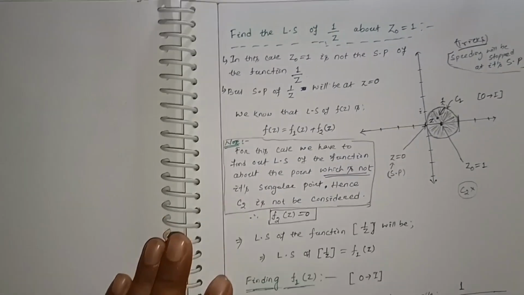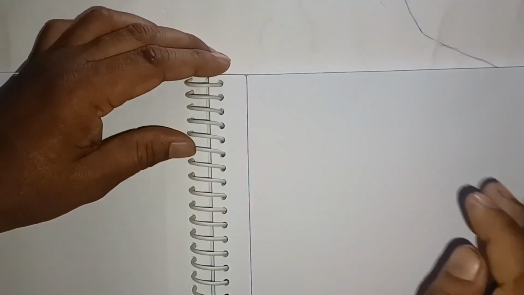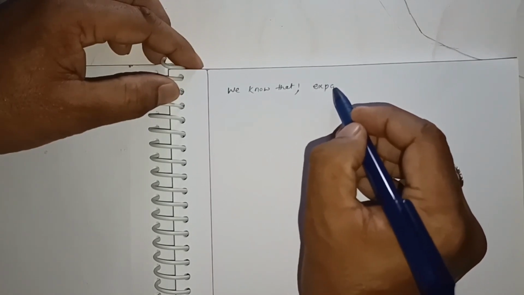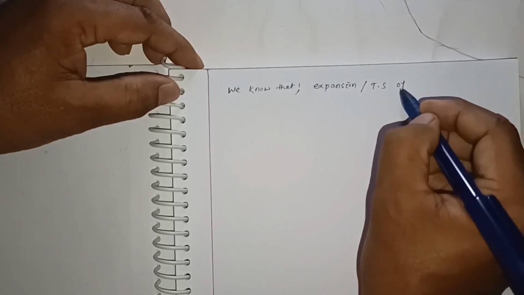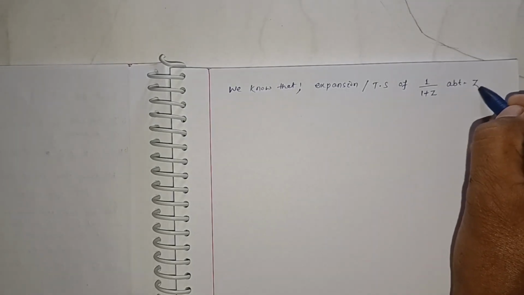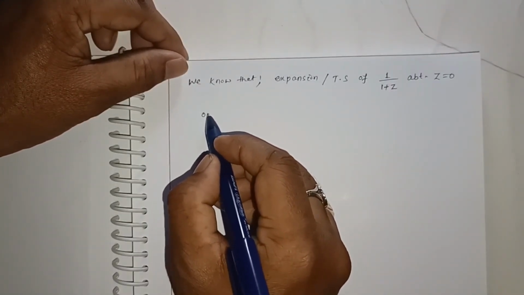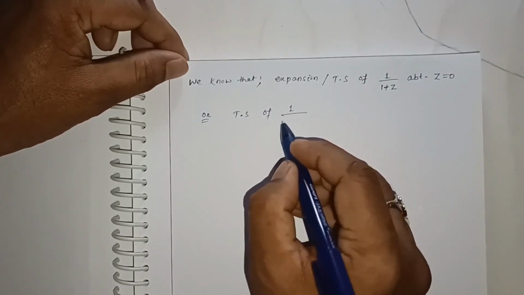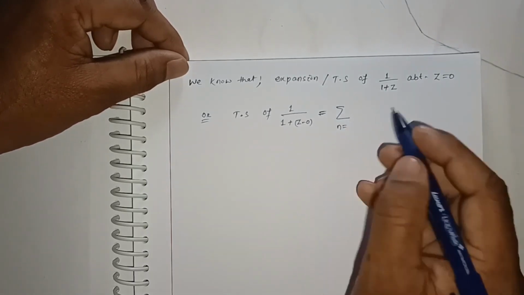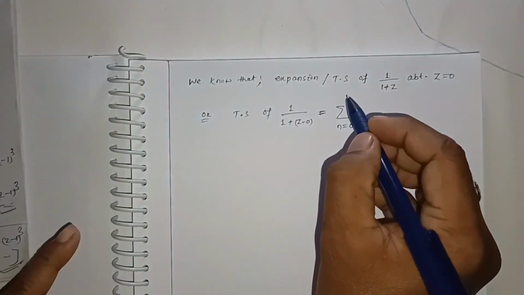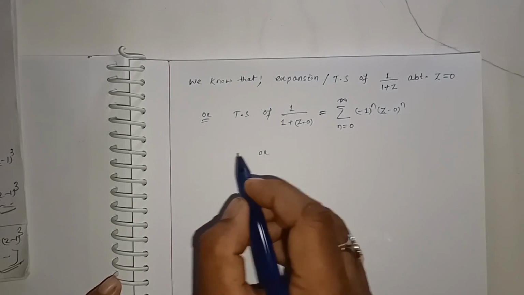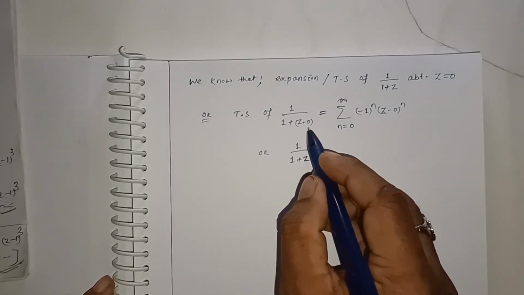We know that the expansion or Taylor series of 1 by 1 plus z about z equal to 0, or we can write, about z equal to 0 means z minus 0, will be equal to, that we know, summation over n equal to 0 to infinity minus 1 to the power n z minus 0 to the power n, or we can write 1 by 1 plus z. So z0 we can omit here.